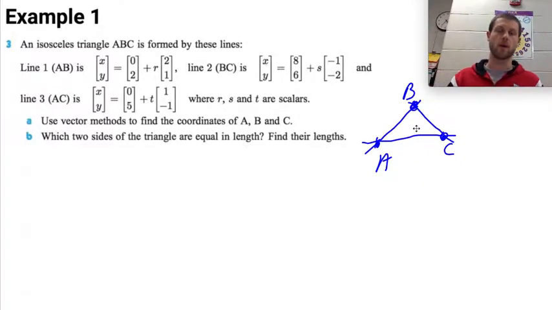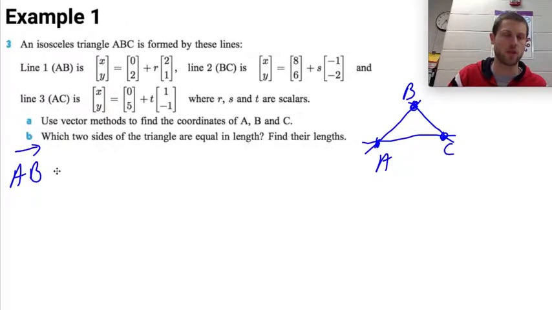So I have to think about what vector AB is, what vector BC is, and what vector AC is. And so let's do that. Let's find vector AB first, and that's given by subtracting A from B. Let me jot down those 3 coordinates.